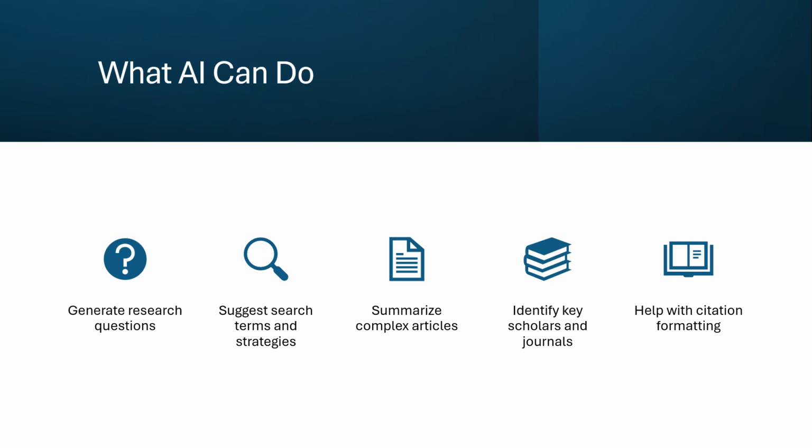So this can be a particularly interesting use of an AI tool in research. Another thing that I worked on with English 102 and that you might have the chance to focus on this week is using AI to help with precision searching by suggesting search terms or search strategies for research. And again, my students had a lot of success with that in English 102.